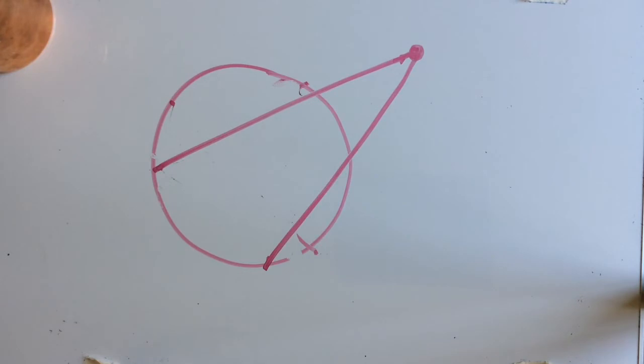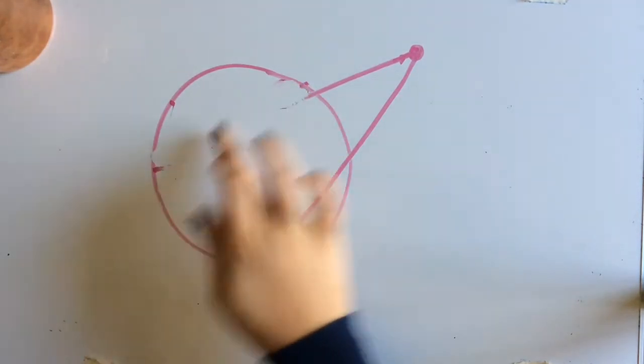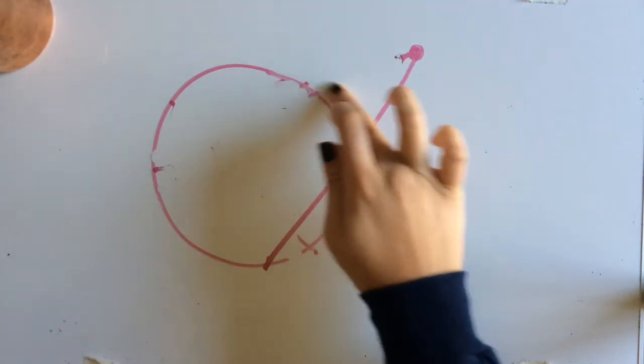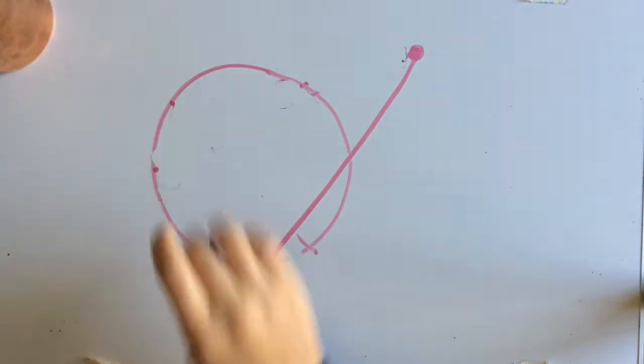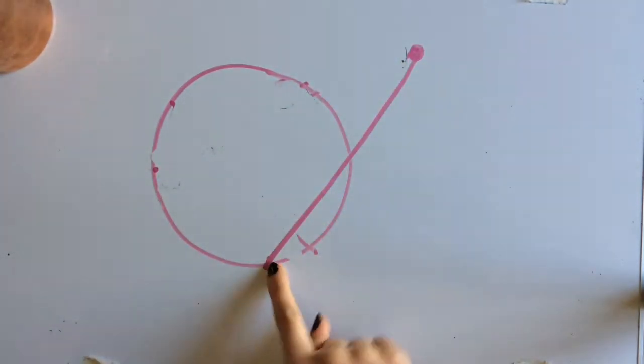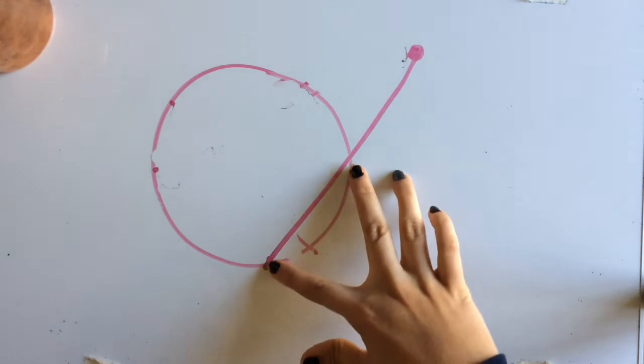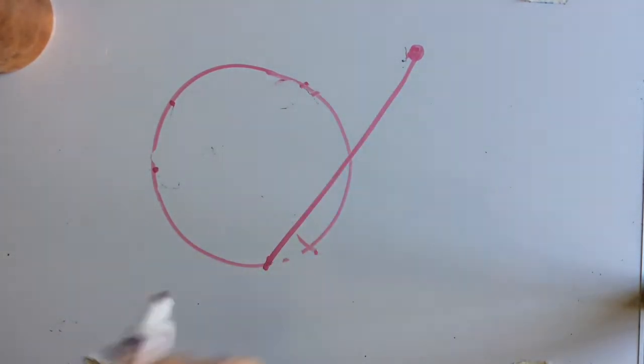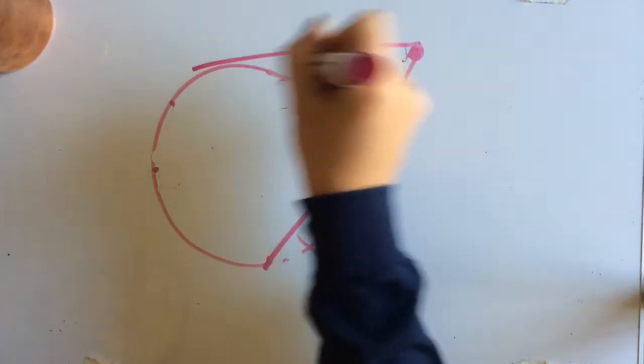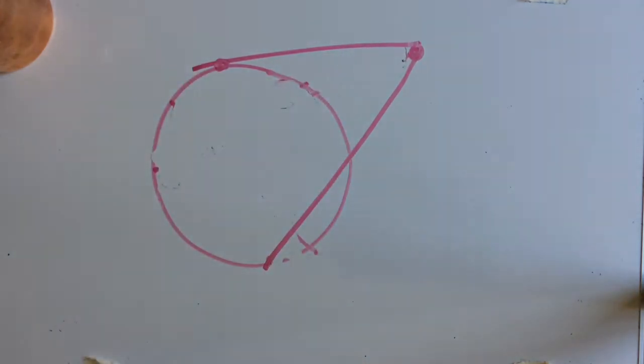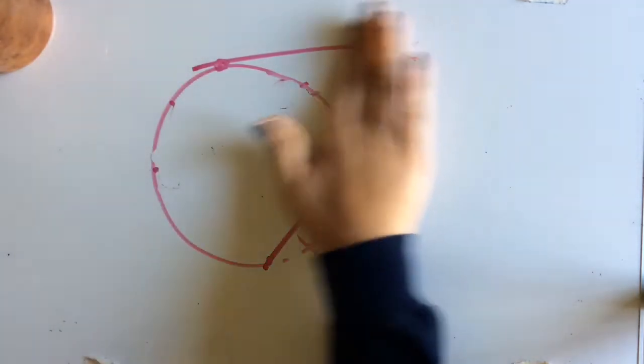And there is also a way of finding the lengths of the segments when we have a secant line, which crosses the circle at 2 points but keeps going outside, and a tangent line, a line that only intersects the circle at 1 point. So we have some relationships for those.